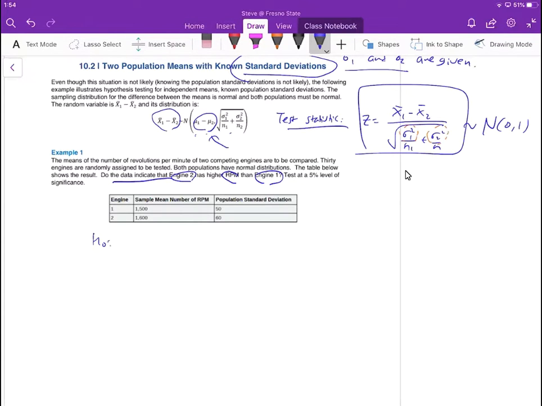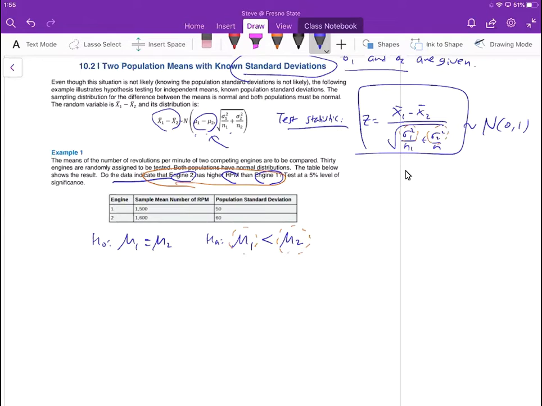So H naught, and HA would say mu 1 is less than mu 2, right? Or think about it the other way: is mu 2 greater than mu 1? That's exactly what I want, right? So H naught means that mu 1 is equal to mu 2. You always use the equal sign in the null hypothesis.